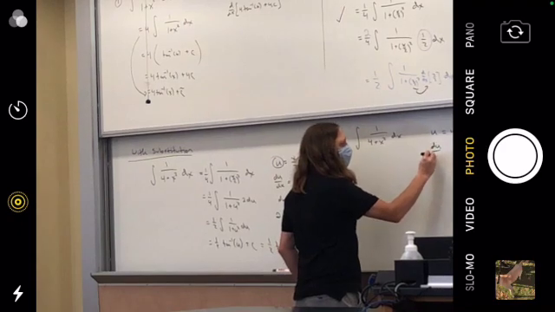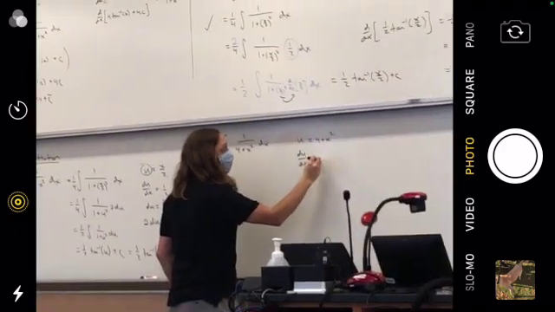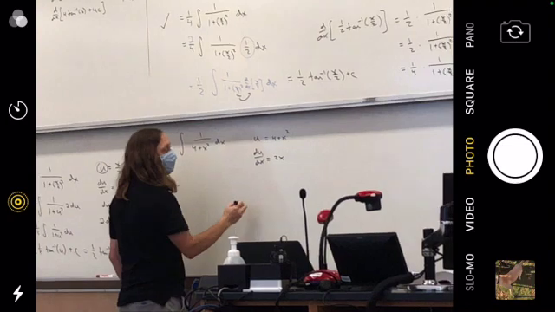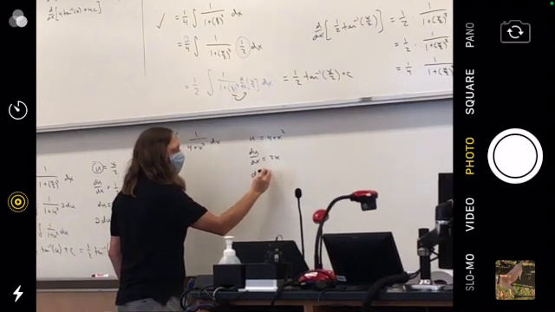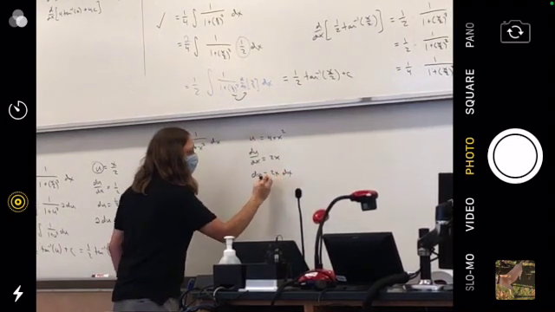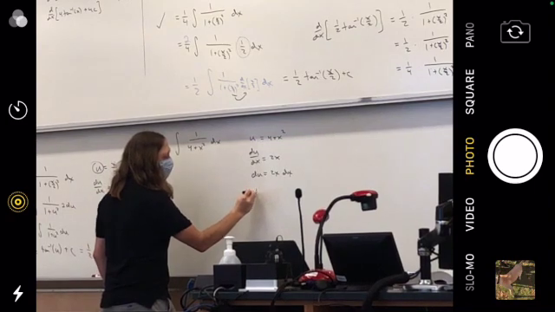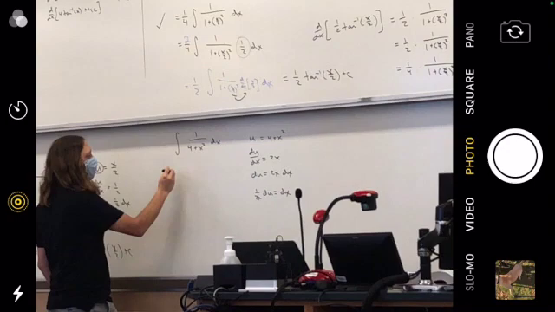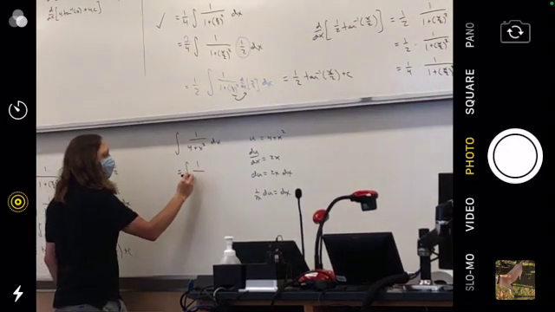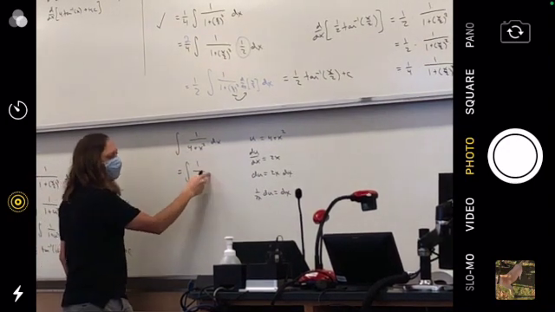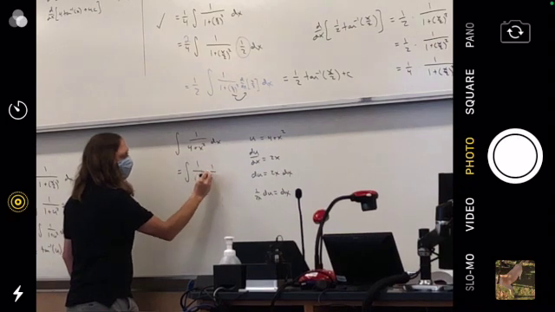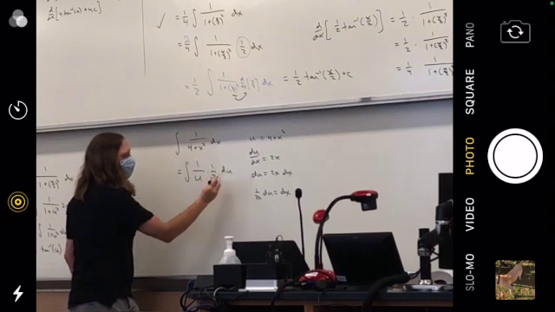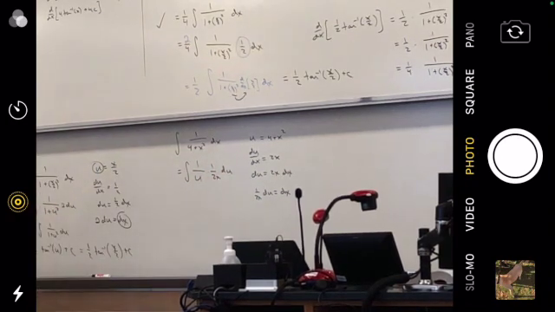So then you get du/dx is 2x. So du is 2x dx. So I can solve for dx. Now when I go to plug this in, what do I get? We say call all of this u. And then replace dx.